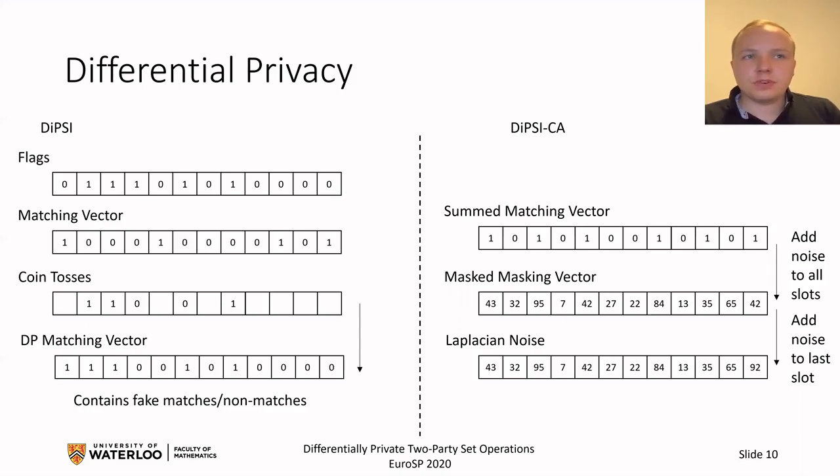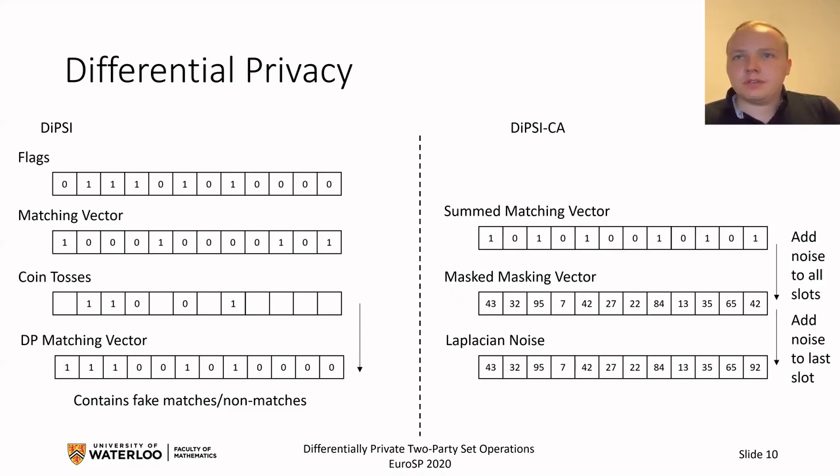And since we forced a non-match in the very beginning, we can now just add a 1, that is the result of the coin toss, if we want to force a match, and add a 0 if we do not want to force a match. And that is then sent back to the client, who can see which elements matched or presumably matched and which didn't.